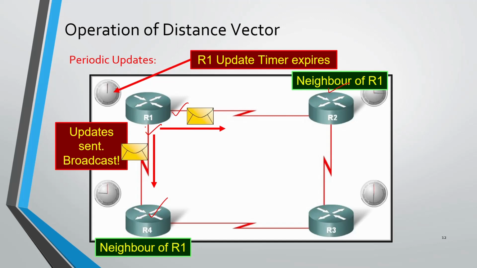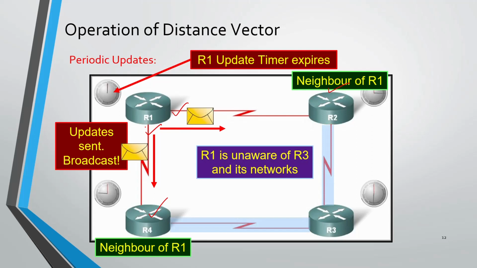As the neighbors are R2 and R4, they have received the information, and at this moment R1 doesn't know anything about R3 because R3 is not connected with R1. So if there is any router on the other side, router R1 is not aware of it at the very beginning because it is not directly connected.